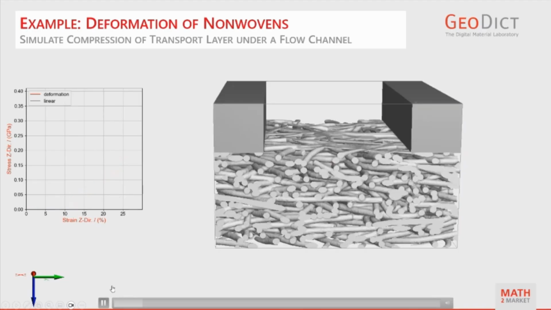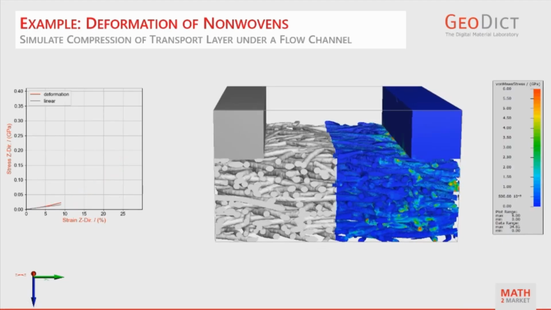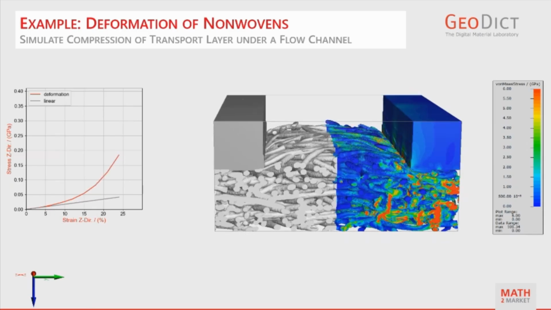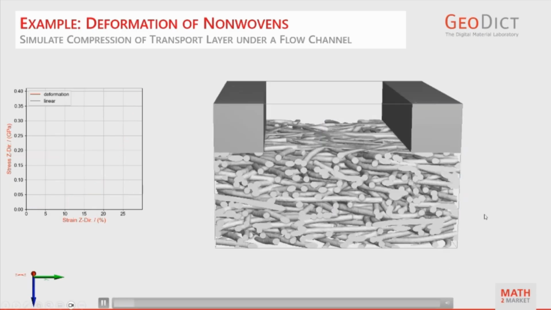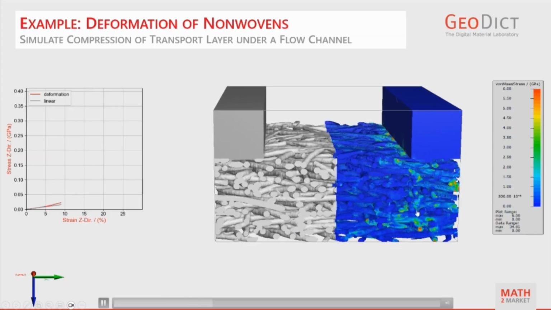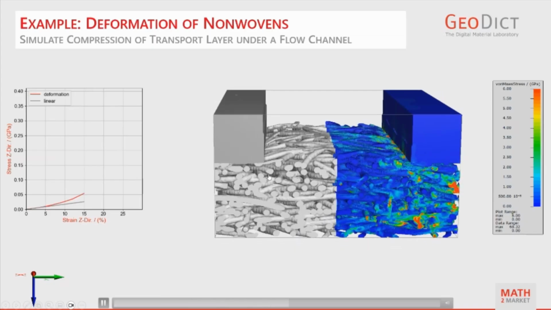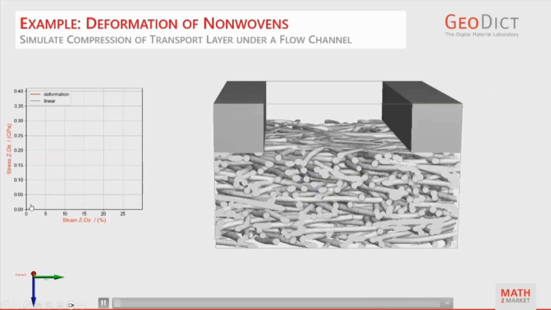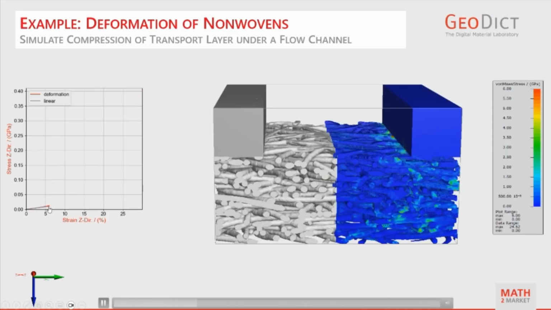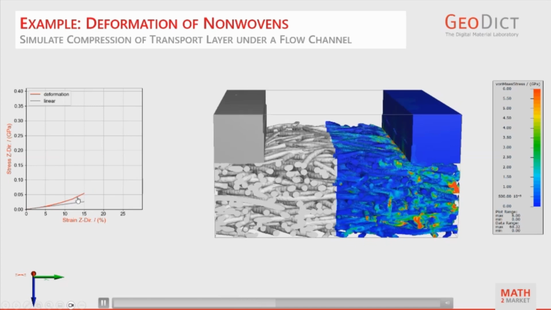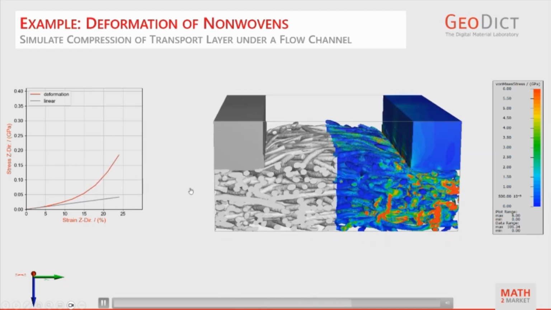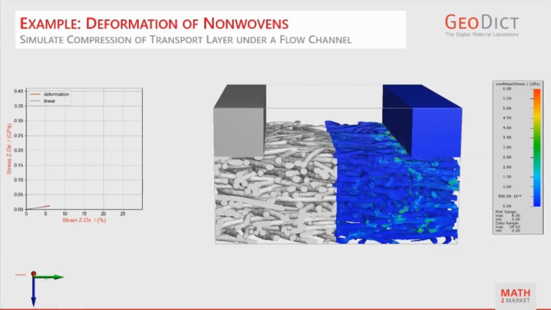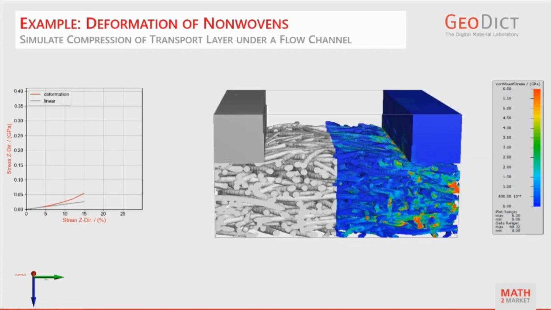If I run this computation here, you see the deformation and the resulting mechanical stresses. You see they're higher below the rib than under the channel, and you see how it deforms. You can see in the chart that there's a non-linear increase in the stresses because you get additional fiber contacts during compression, and it becomes harder and harder to compress the media further.